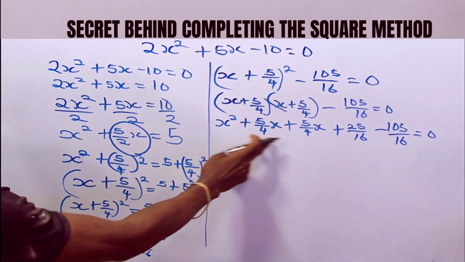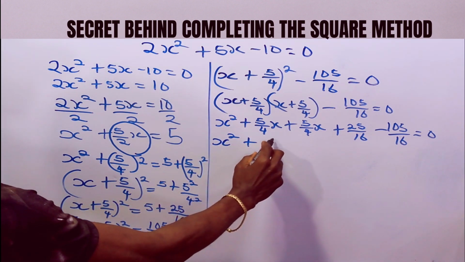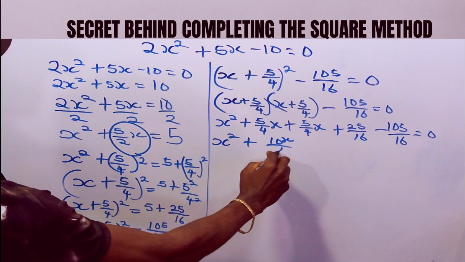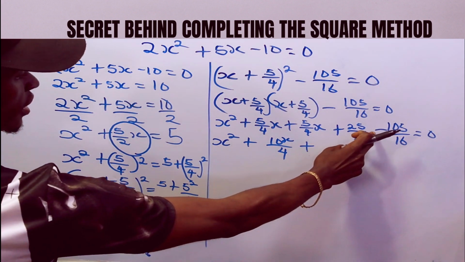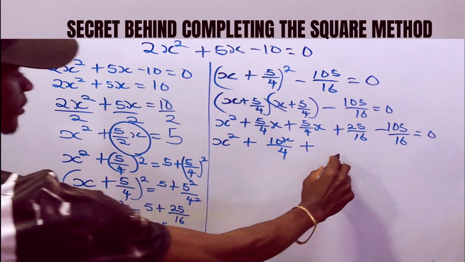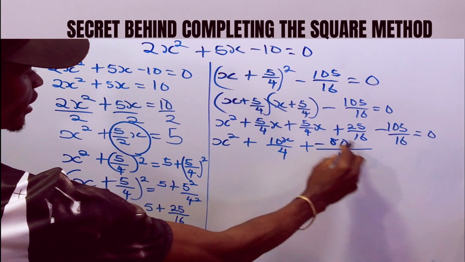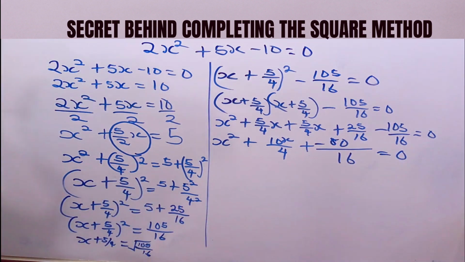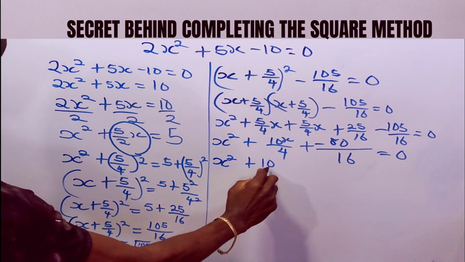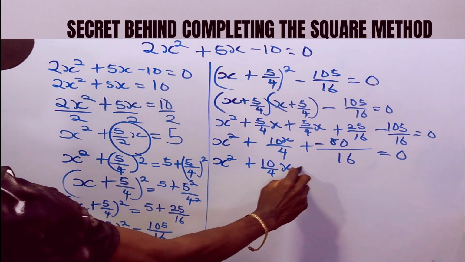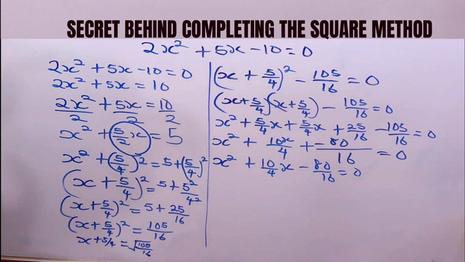If we have 5 over 4 x plus 5 over 4 x, it will be 10x over 4. Now 25 minus 105 over 16 gives negative 80 over 16, equal to 0, which means we still have x squared plus 10 over 4 x minus 80 over 16 equals 0.